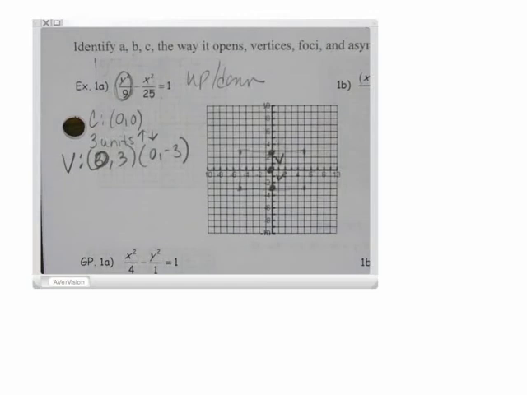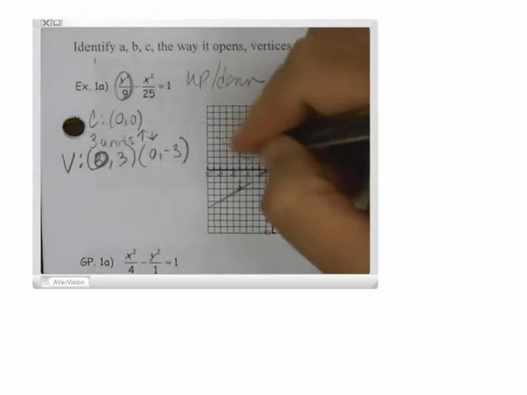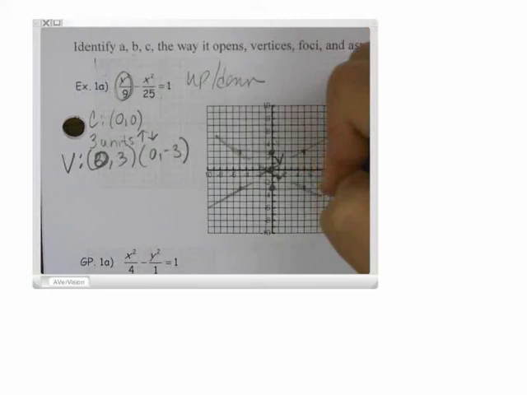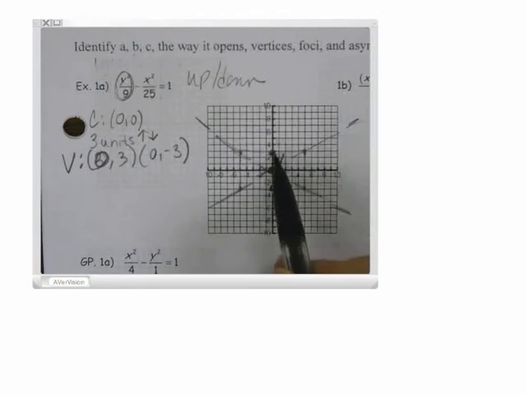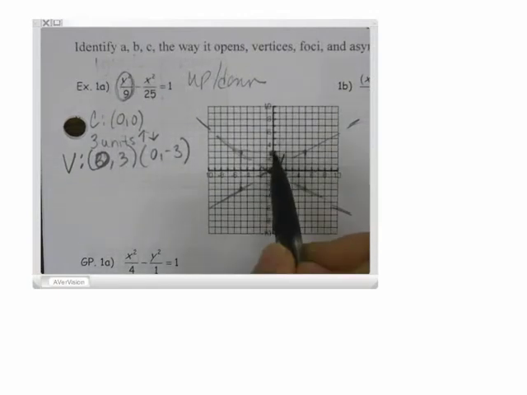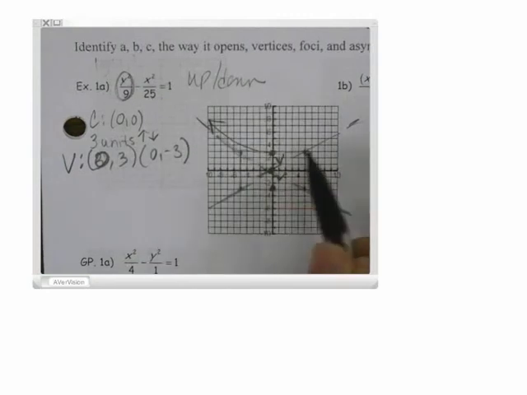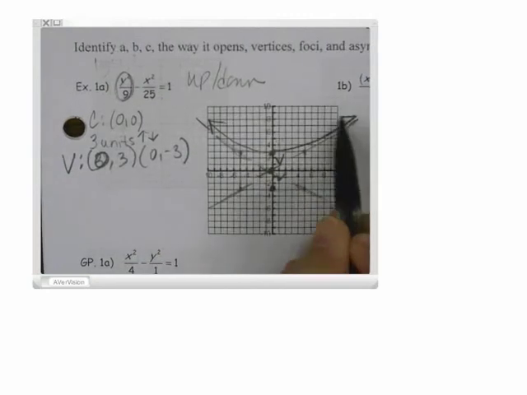5 right, 5 left. Your asymptotes go through the center of that box and through the corners of that box, the diagonals of the box. And that tells you how wide to make your hyperbola. When you go to draw your hyperbola, you have to go through your vertex and you have to approach your asymptotes.